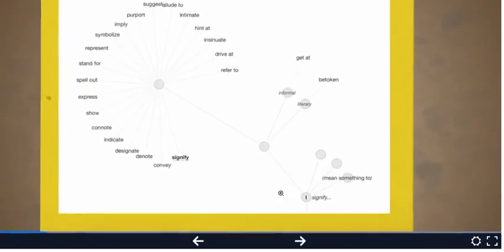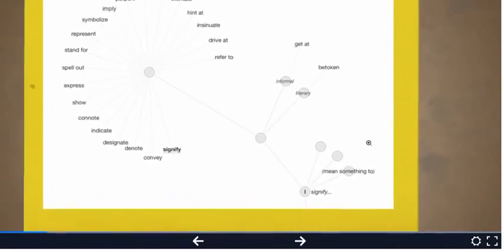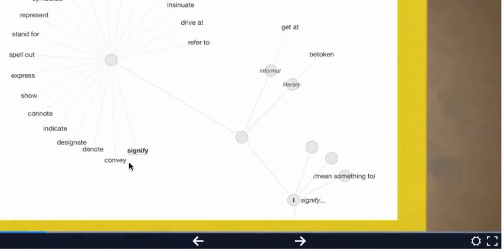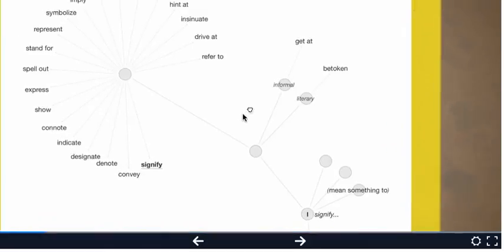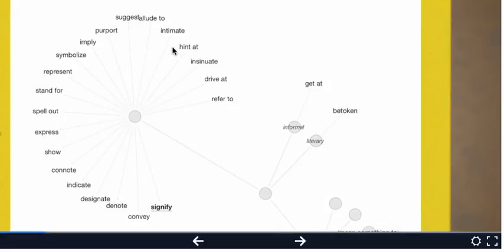So first of all, we're going to look at some vocabulary of meaning. So signify, convey, denote, designate, indicate, connote, to spell out, to show, to represent. These are all quite useful ideas, and it's worth having a look at a visual dictionary like this and seeing which words you think are most appropriate when we're talking about the idea of meaning in a visual object, because the visual language is far more complex and far more nuanced than text ever can be.